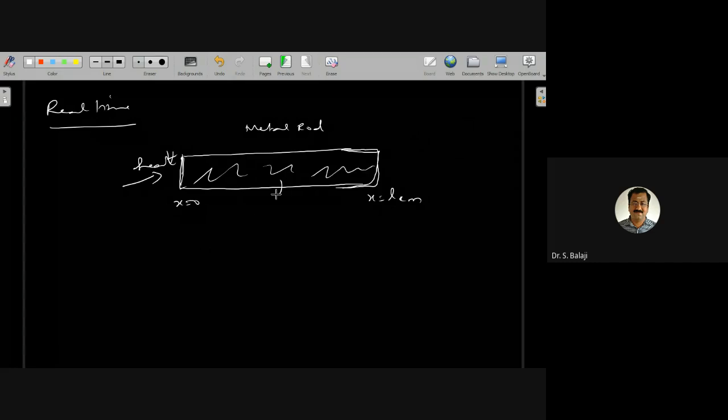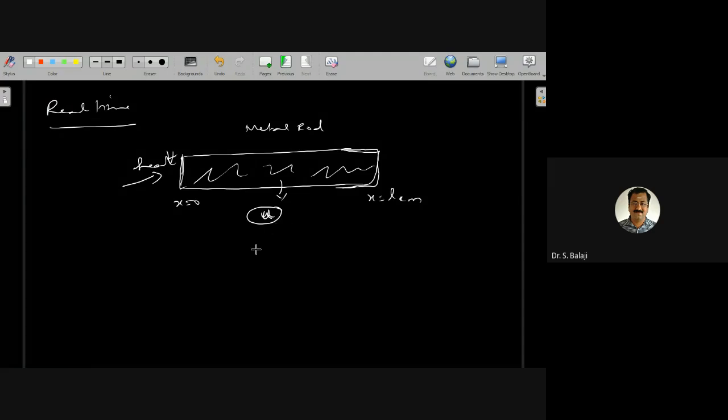Then you are going to measure the temperature inside the metal bar, which will be termed as U. After heating for 15 minutes, you measure the temperature. Because you are heating at this point, it may get a higher temperature here. This end point may be lower than this part, and the middle part has some other temperature.